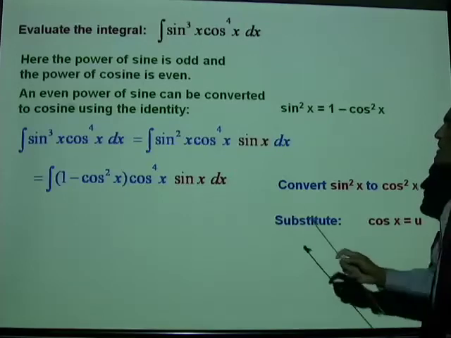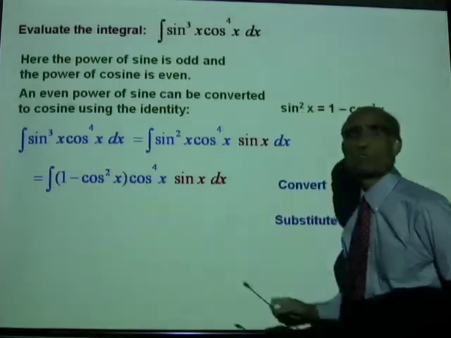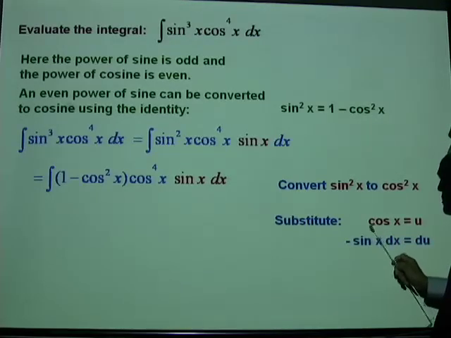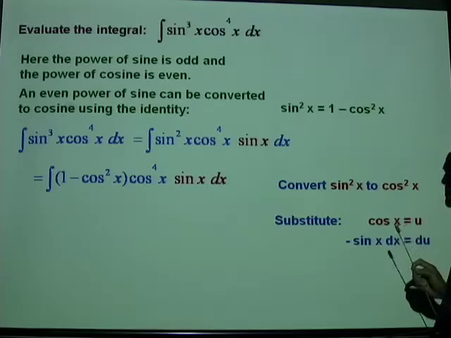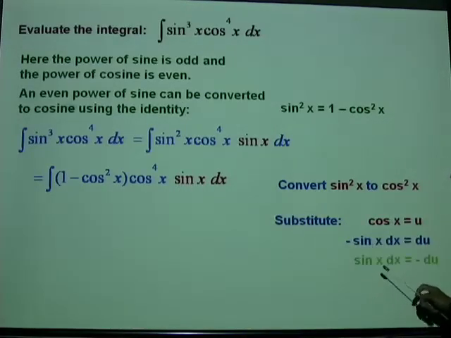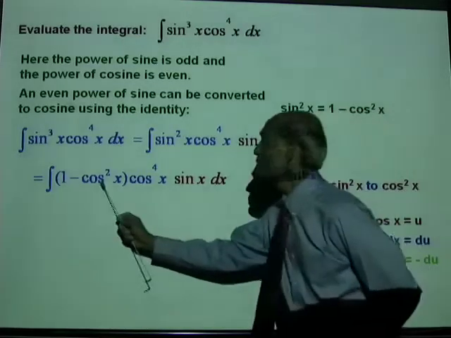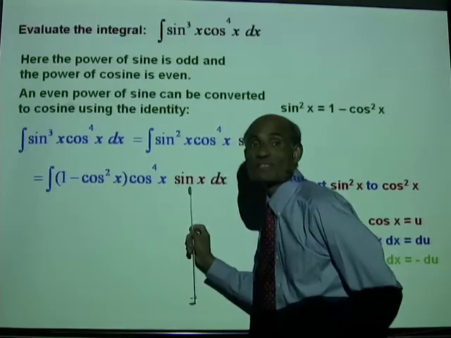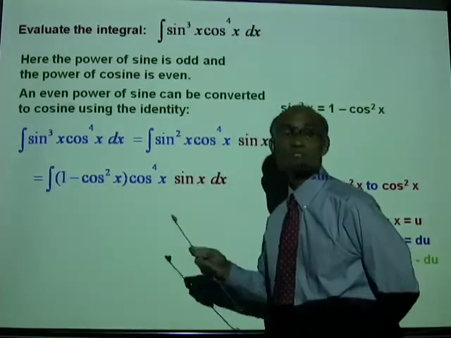Substitute cos x equal to u. If you substitute cos x equal to u, take the differential of both sides, we get negative sin x dx equal to du, and therefore what is sin x dx equal to? Sin x dx equal to negative du. So when cos x becomes u, sin x dx becomes negative du.